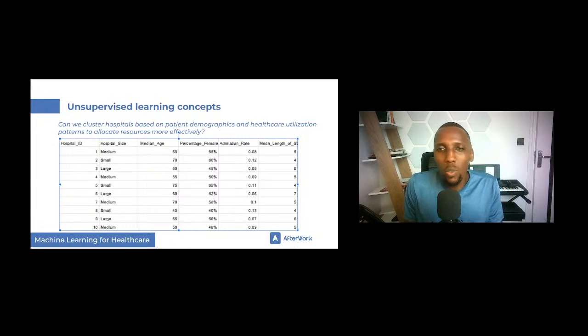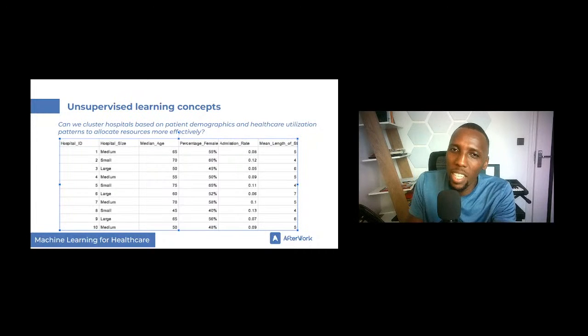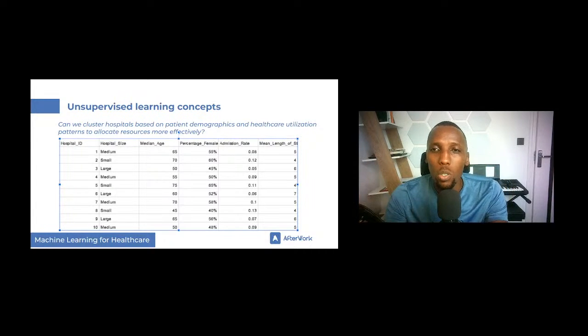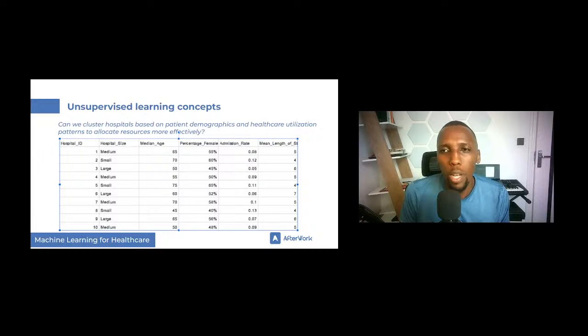So generally, in unsupervised learning, especially in one type of unsupervised learning called clustering, what we want to do is to group all the records together. It's generally to assign each record a group that characterizes it.